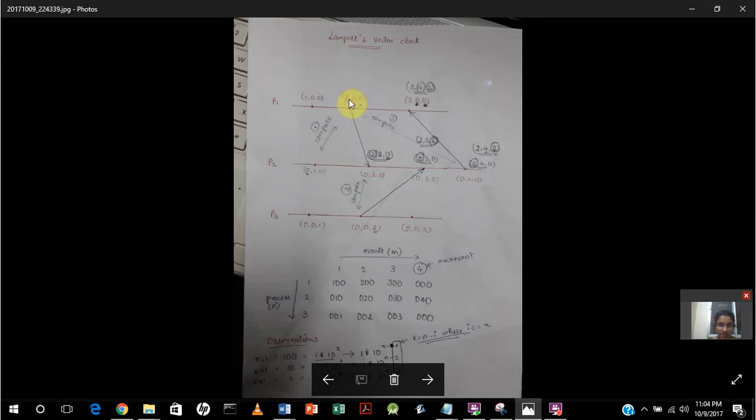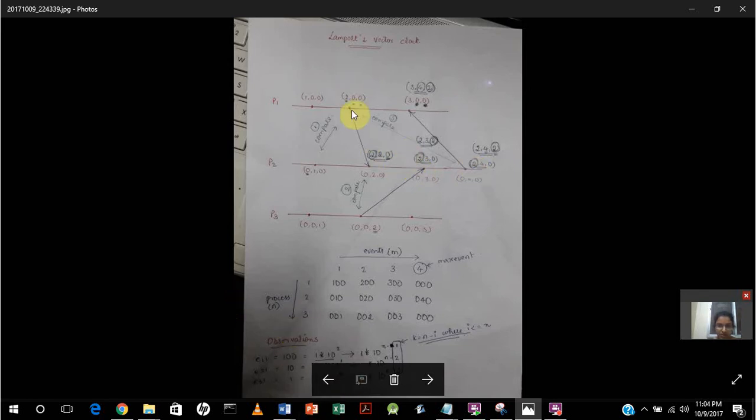With that, we see that 2 is greater than 0, so I update the 2 value here. 1 is greater than 0, but 1 is definitely lesser than 2, so you don't get the 1 value updated here. So the updated value for E2 of P2 is 2, 2, 0, and then this value gets updated in the consecutive events. So this 2 is updated here: 2, 3, 0, 2, 4, 0. The same goes with all the other causally related events.